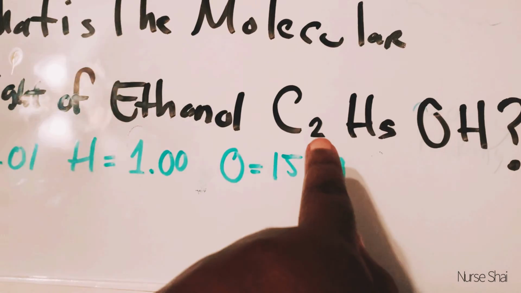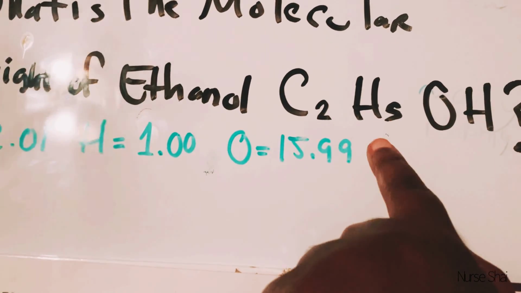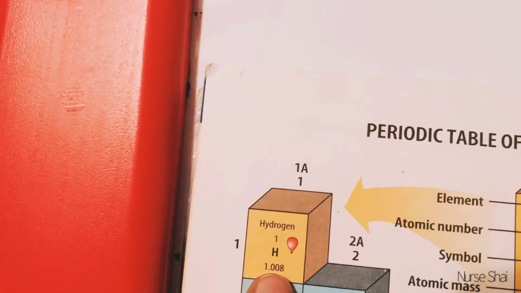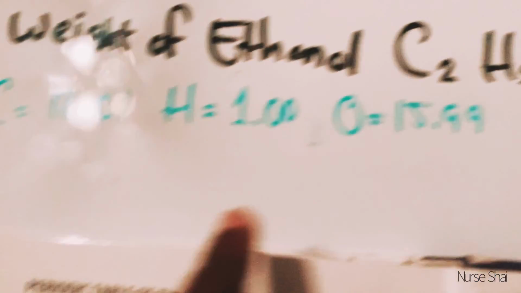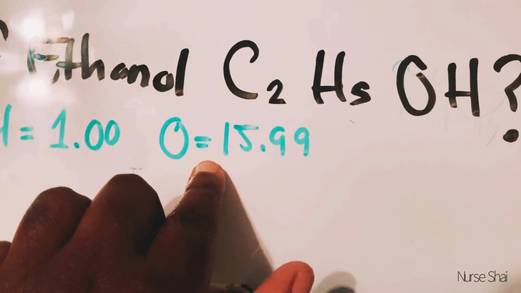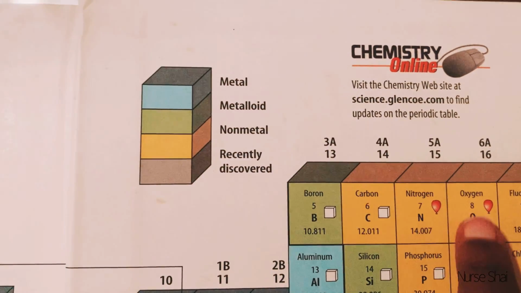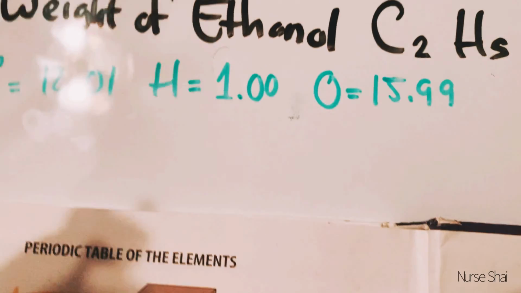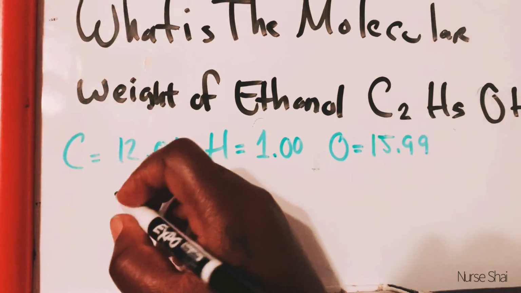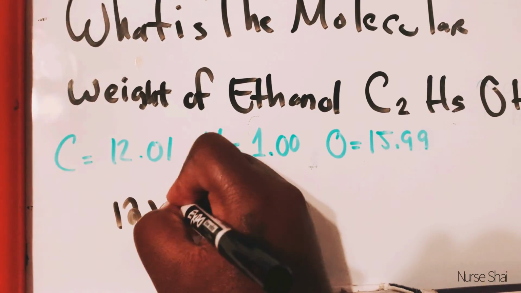You have 2 carbons, just keep that in mind. And then hydrogen atomic mass is 1.008, and then oxygen would be 15.99, as you see on the periodic table. So all you would do is multiply and add. Because I have 2 carbons, I would do 12 times 2.